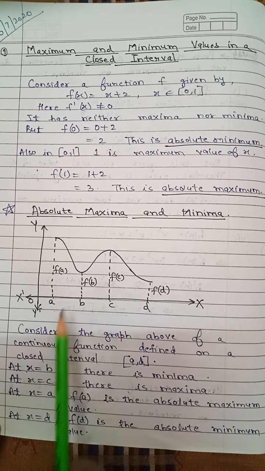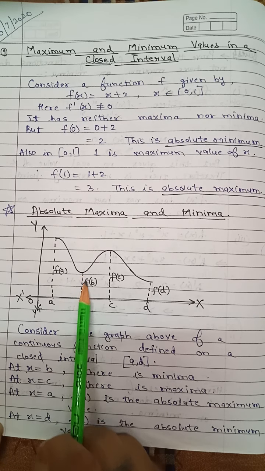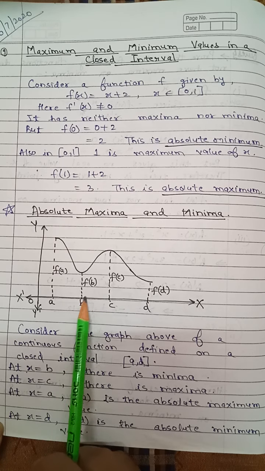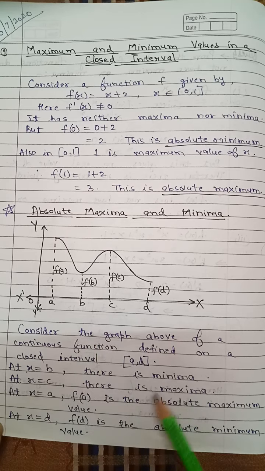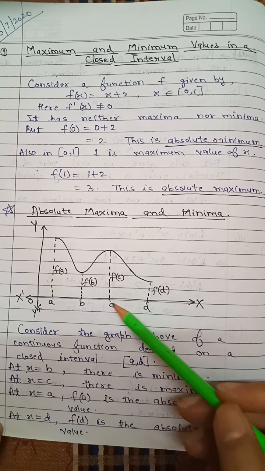At x = b, you can see here, there is a minima. When the point is lying inside the interval, that is a minima. And here f(c), at x = c, this is a maxima.